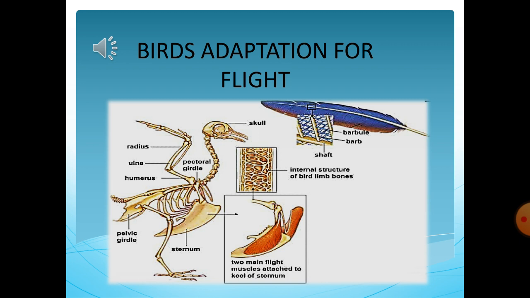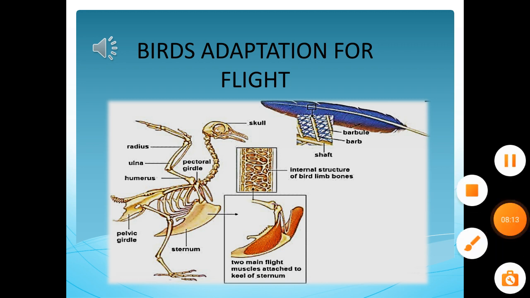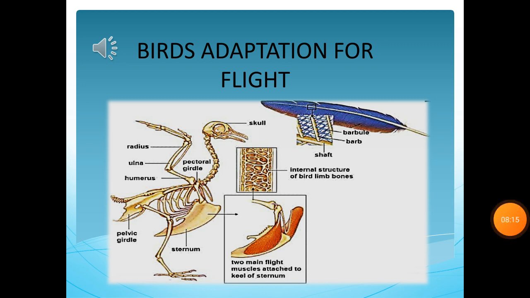The skull of the bird is very small, and the bones of the bird are hollow, which makes the skeleton lightweight. The forelimb of the bird is modified into a wing, the sternum is modified into a keel-like structure, and birds have feathers for their flight in the air.